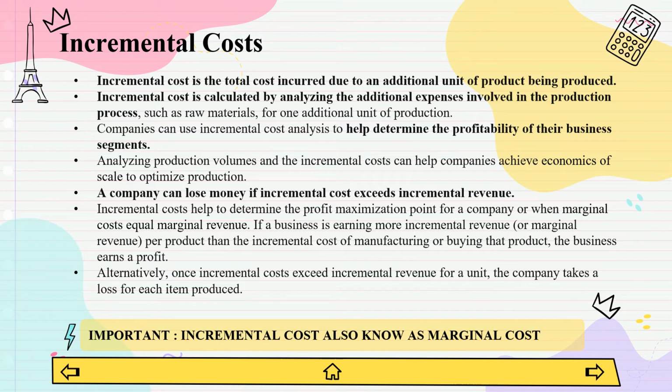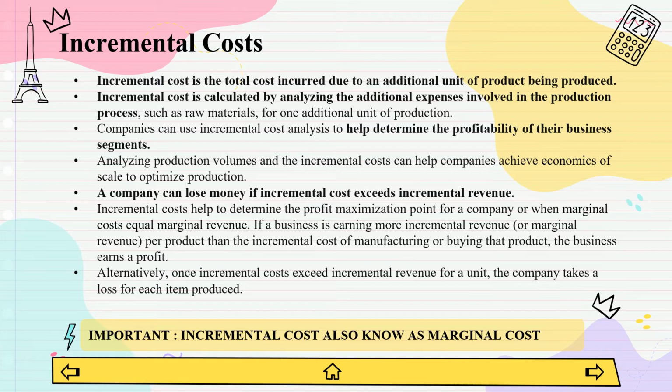Companies can use incremental cost analysis to help determine the profitability of their business segment. Analyzing production volume and the incremental cost can help companies achieve economies of scale to optimize production.